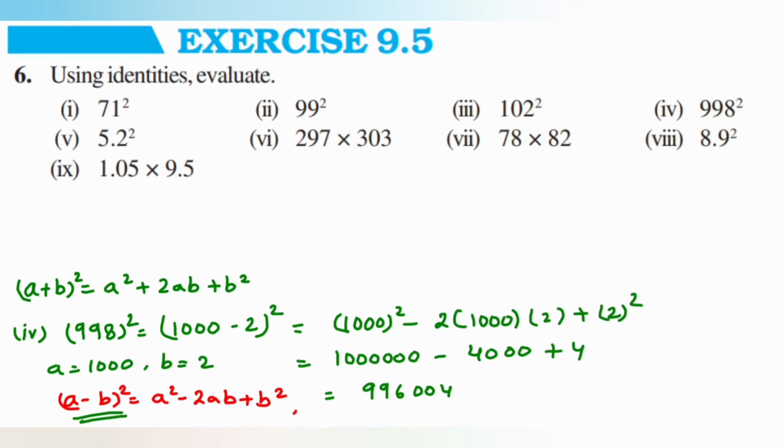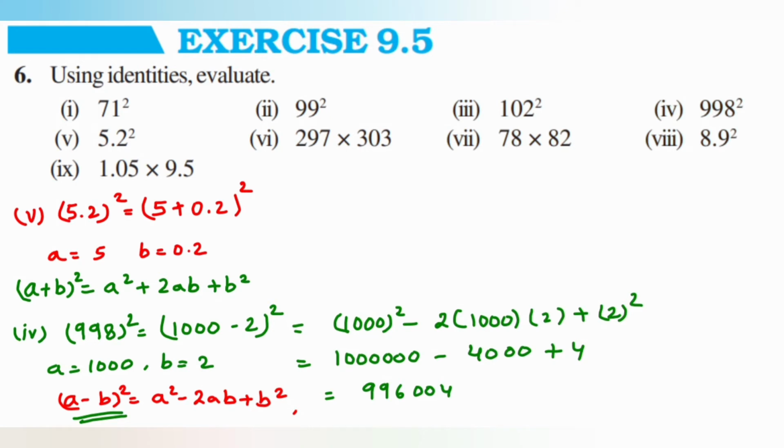Let's write down. So the fifth question is 5.2 whole square. So 5.2 can be written as (5 plus 0.2) square, where we're going to take a as 5 and b is equal to 0.2, and we're going to use again the same identity, (a plus b) whole square is equal to a square plus 2ab plus b square.